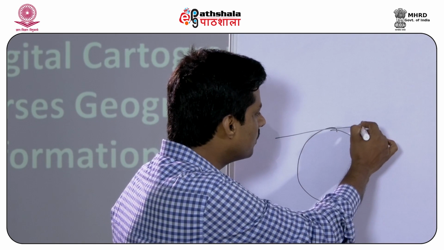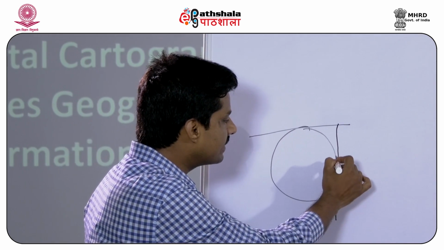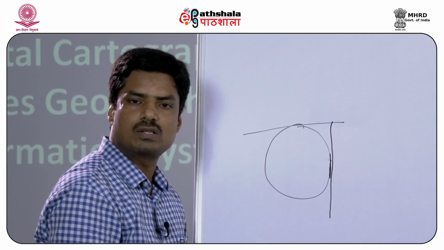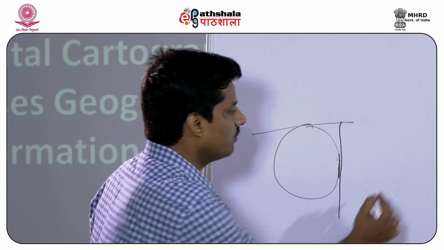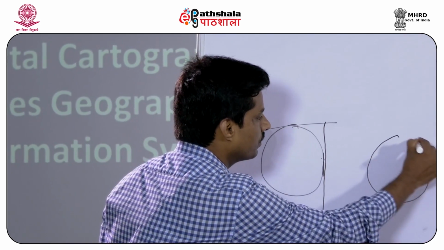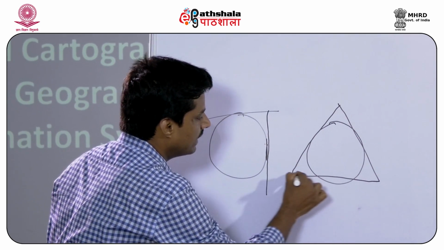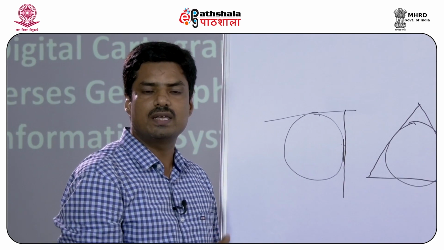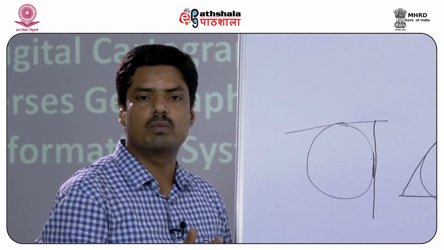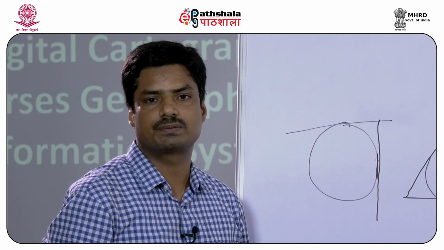If I place this plane paper at this angle or at this arm, then it is also known as zenithal projection. When I place a cone over this globe, then this is known as conical projection. And similarly, if I place this globe into a cylinder, then it is known as cylindrical projection.